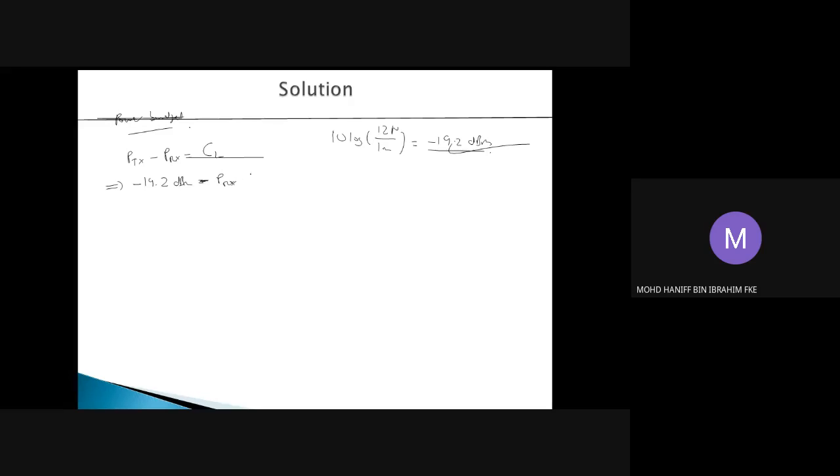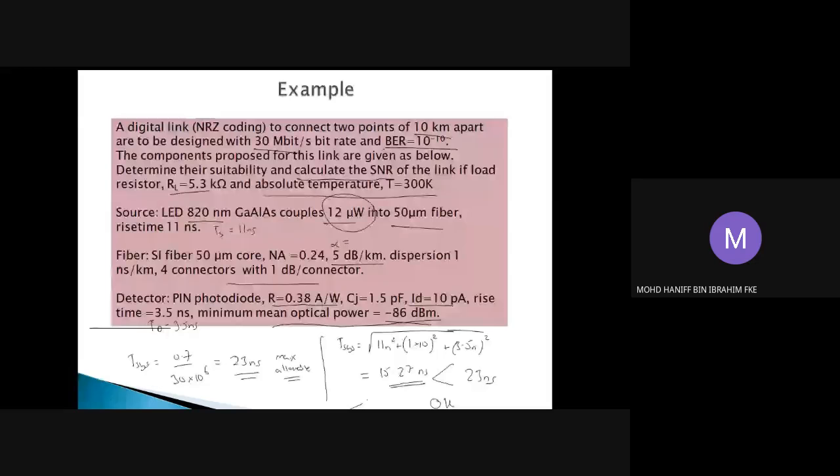I also need to put MA, which stands for system margin. I forgot about the MA just now. The PRX, the minimum mean optical power, is negative 86 dBm. So I need to put that here, sorry for this.